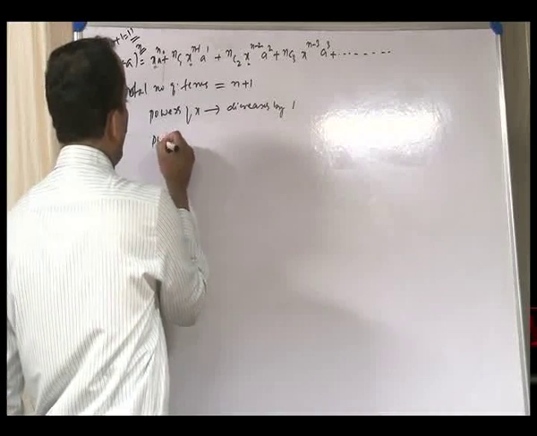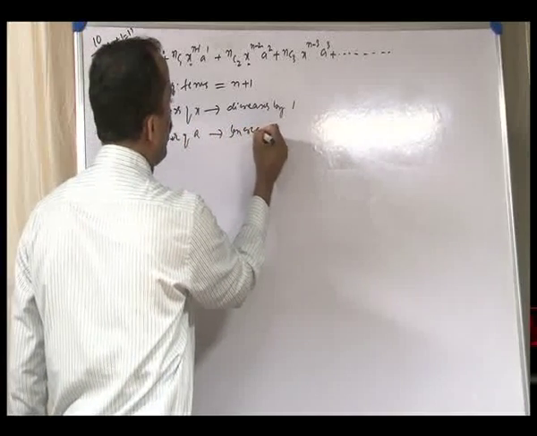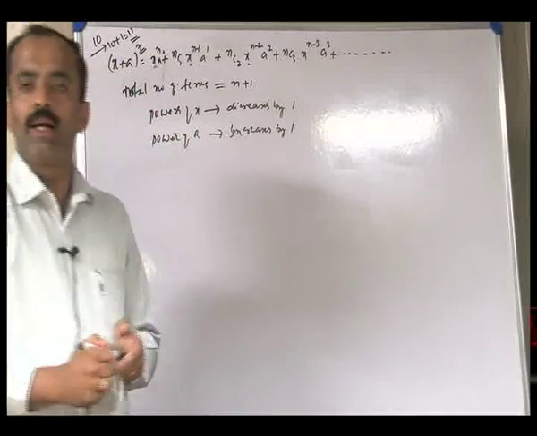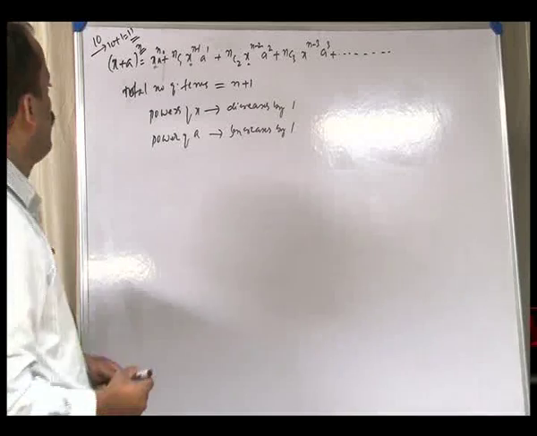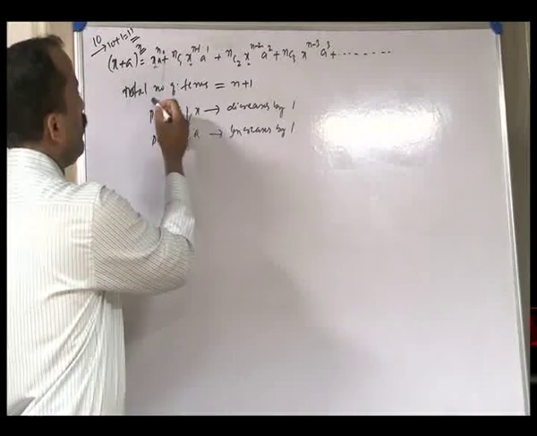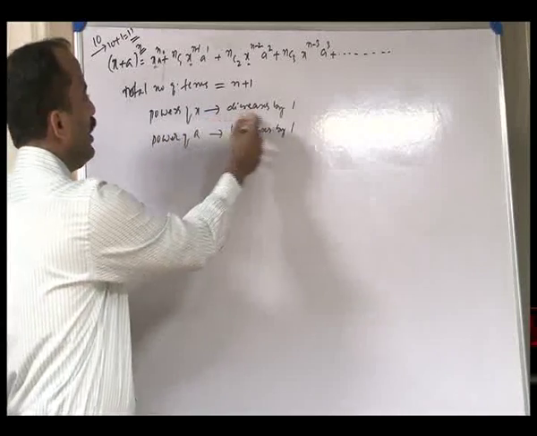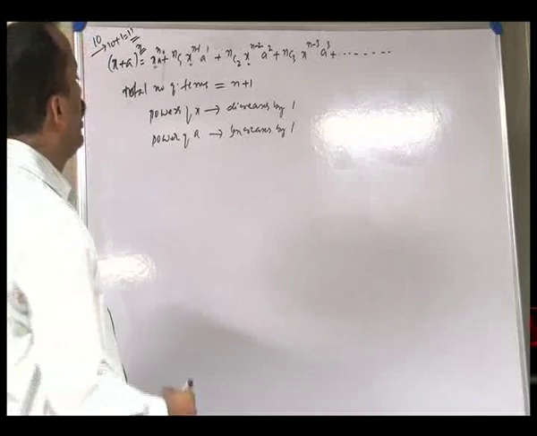So the total number of terms in the expansion is n + 1, the power of x goes on decreasing by 1, and the power of a goes on increasing by 1.